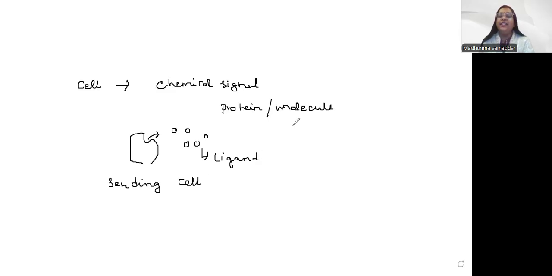Now, this ligand will go and bind to the receptor that is present on the surface of the target cell. Okay, so this is the target cell. Everyone near you is not your friend, right? In the same way, not all cells are able to receive the message sent by a sending cell. Only the target cell will receive the message and is able to take the ligand.